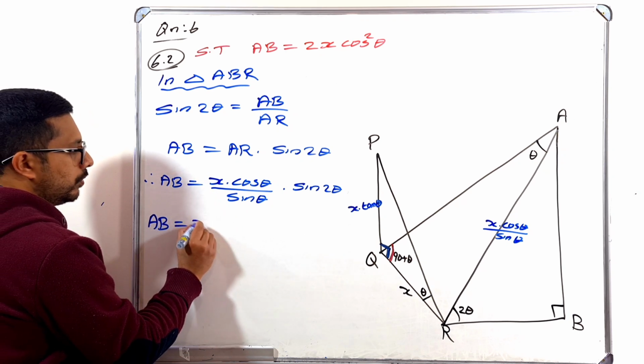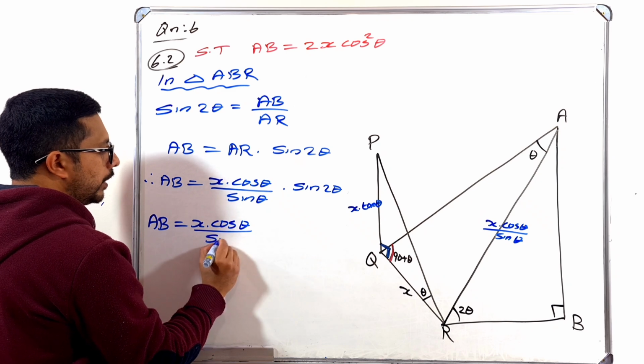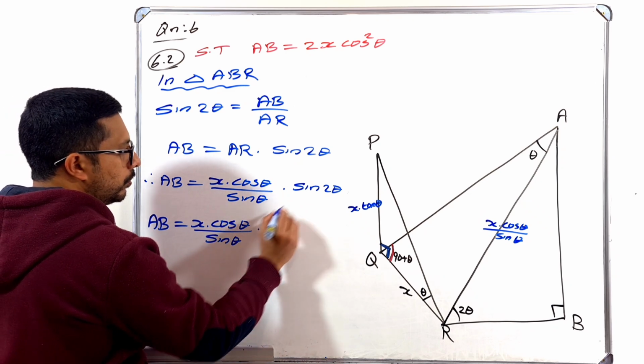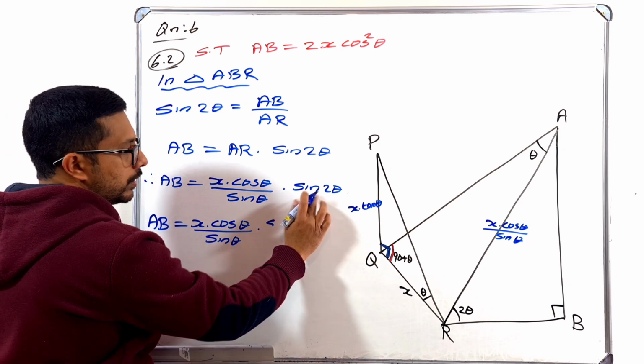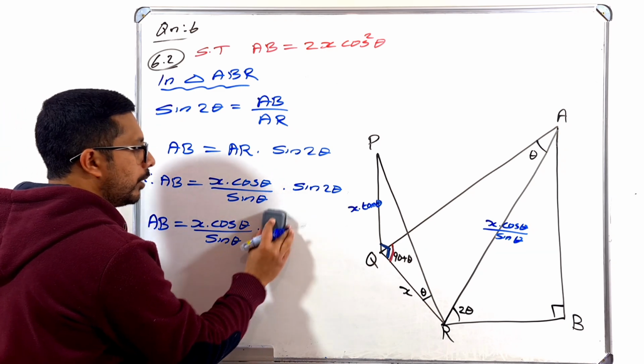AB is equal to x into cos theta divided by sine theta into, instead of this sine 2 theta, I am going to write 2 sine theta cos theta, that double angle expansion.